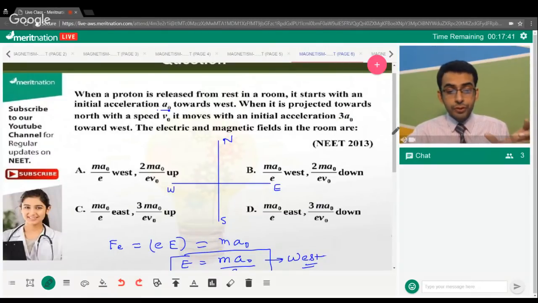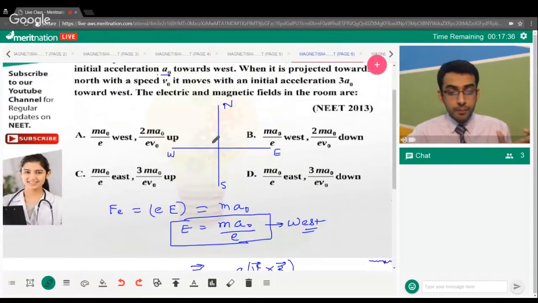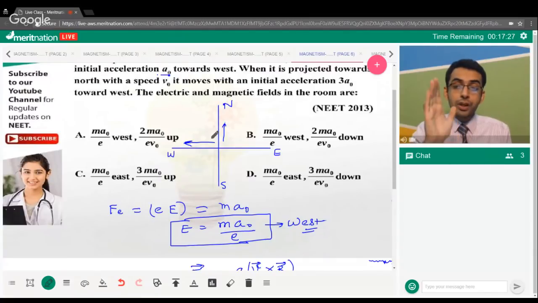So the magnetic force is in the west direction, and the velocity is along the north direction. If you apply the right hand thumb rule, you can understand that V cross B will be towards west only when the magnetic field is downwards. Oh, sorry, downward direction.